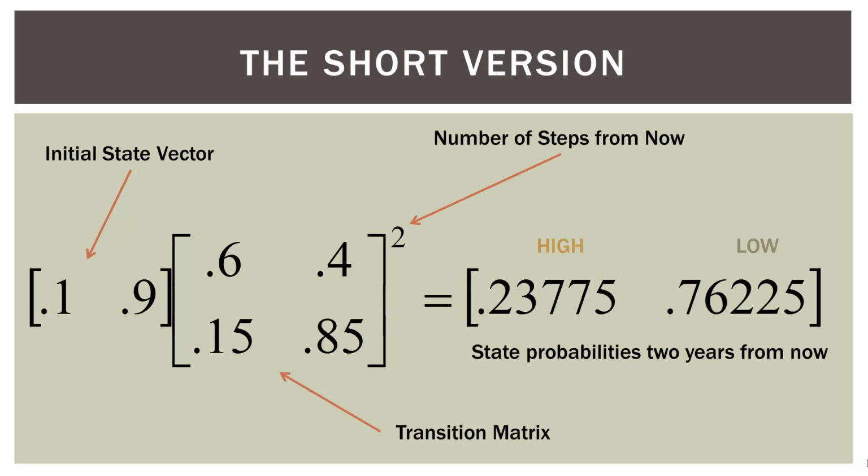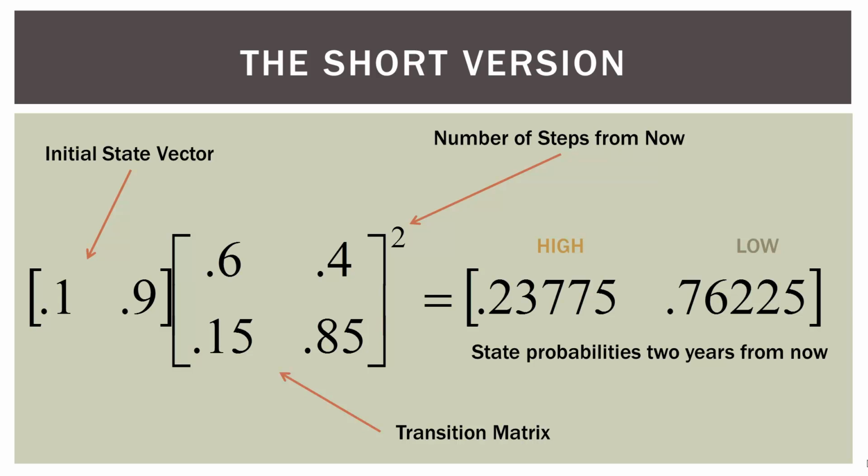And then the exponent for the transition matrix is the number of steps we're interested in from now. So this is our initial state vector times our transition matrix squared, because we're interested in 2 steps, or 2 years into the future from now.